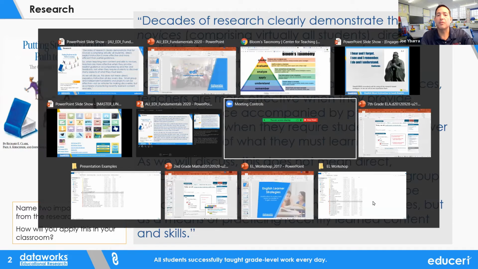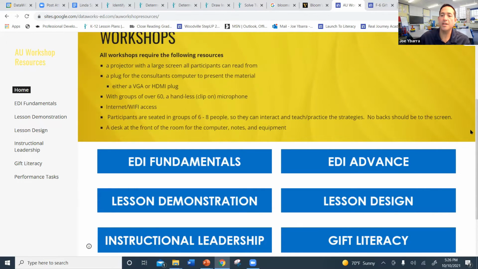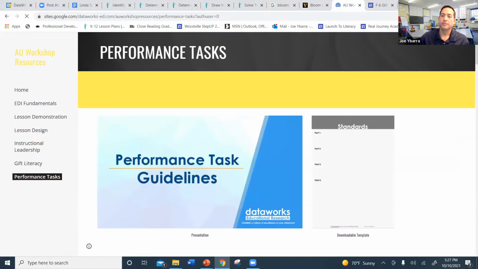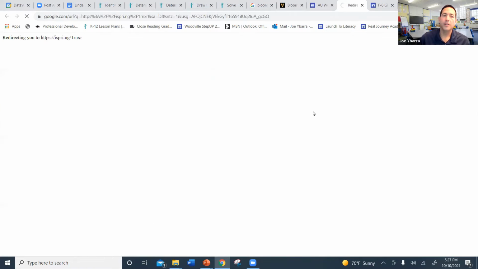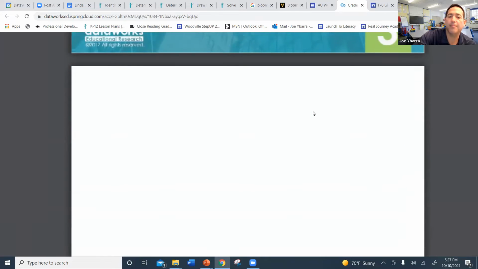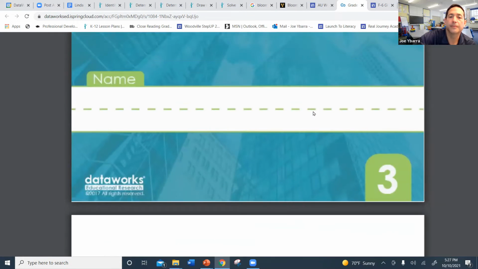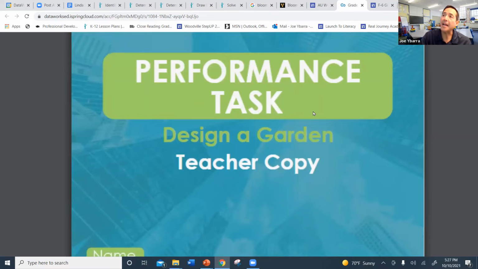I'll give you a really good example of what I'm talking about. This is the end goal. The end goal is that they can do real-world application, that they can combine multiple concepts and put them into play. So for third graders, for example, I might want them to design a garden, something they could really enjoy.